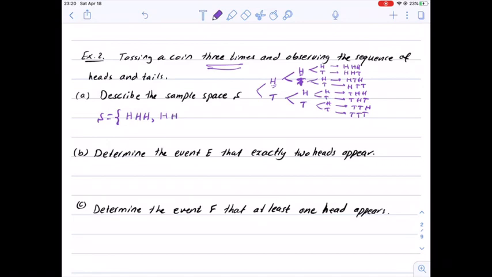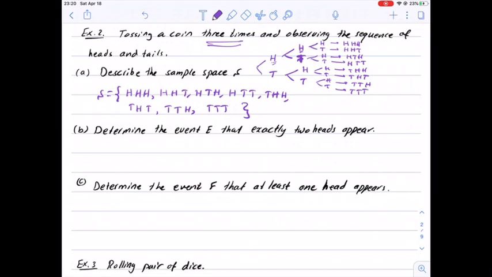So we can write them here. So this is the sample space.